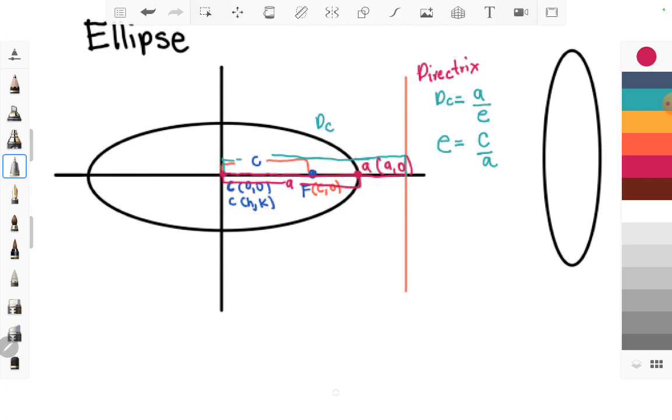Now, from this, we also have our vertex. Our vertex is the point which makes its maximum turn. Take note the point where we have the distance a is also our vertex, so the vertex is also (a, 0).